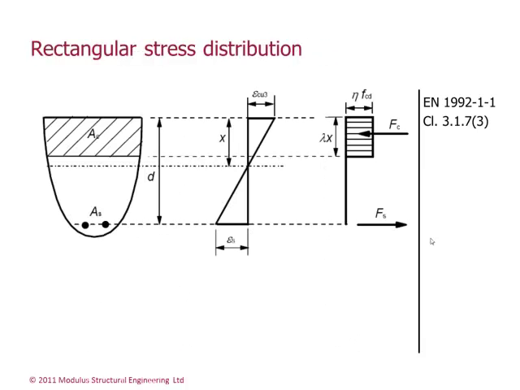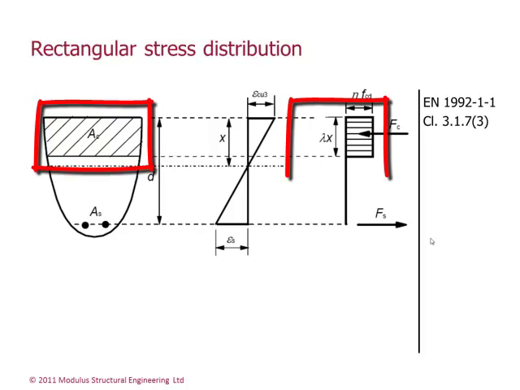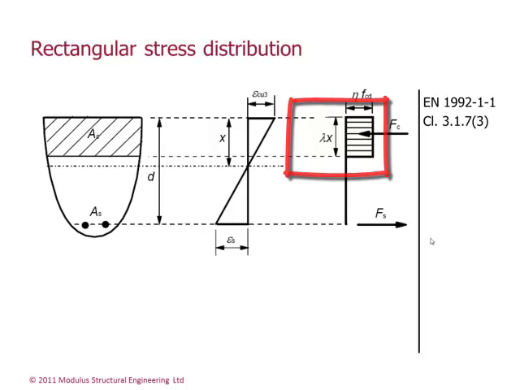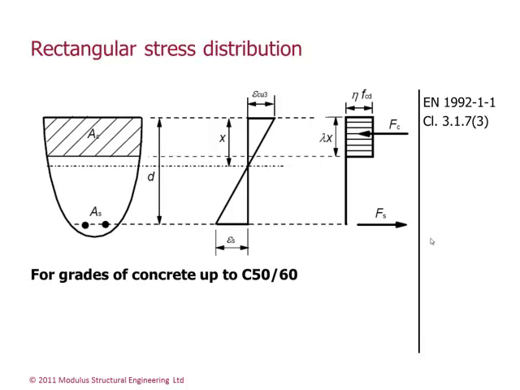So that brings us on to a rectangular stress distribution. Here we have just a rectangular stress block which is going to resist the compression, and this is probably the most familiar approach to most people, and we're going to use this to determine some design expressions. In what we're going to show you here, we're assuming that your concrete class will go up to a C50/60 and not beyond that.